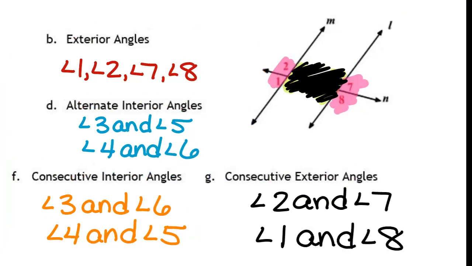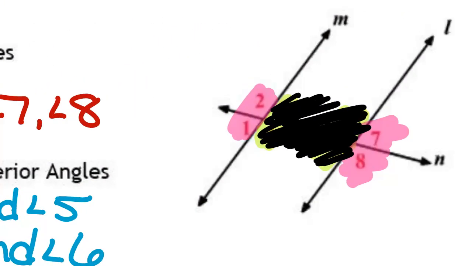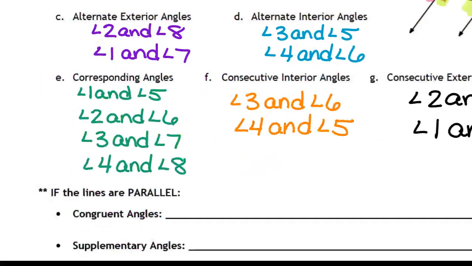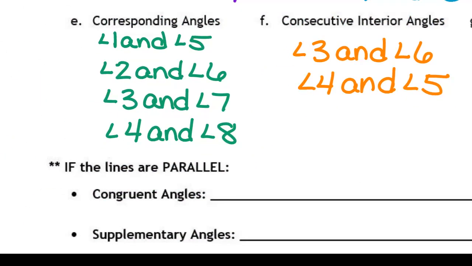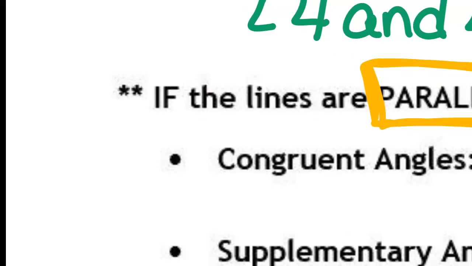Fantastic. All right. So down at the bottom here, we're going to talk about our special relationships when the lines are parallel. We have some angle pairs that are congruent.